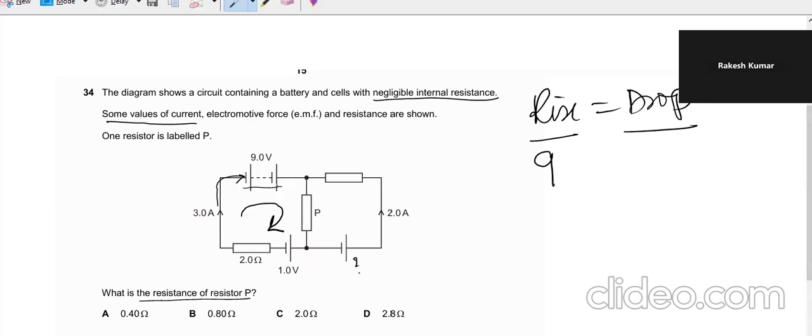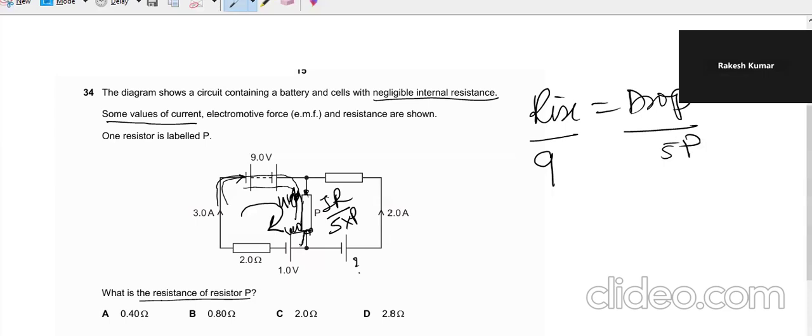Then I'm moving here. There will be a drop in the energy of the electrons that will be equal to IR. Why? Because obviously if the electrons enter this resistor, they will have high energy here and they will lose energy and become low here. So naturally they have lost. So how much have they lost? They have lost 5 current into P. That's my drop. I don't know P, but that's my drop.